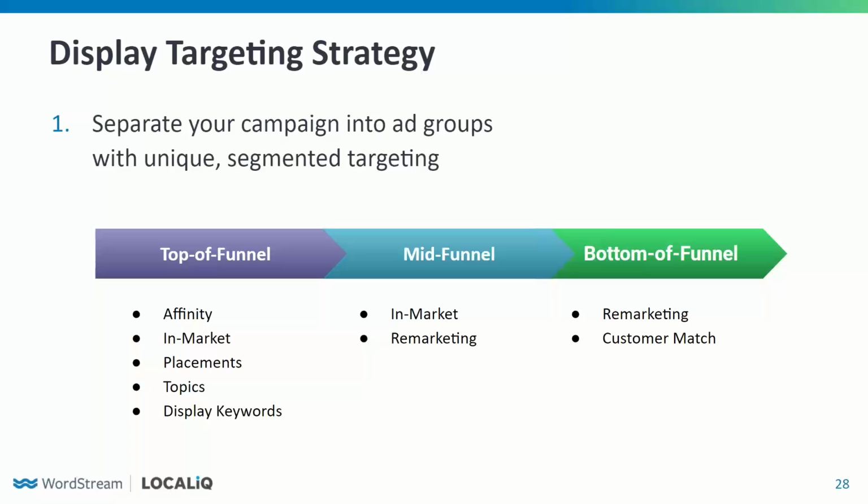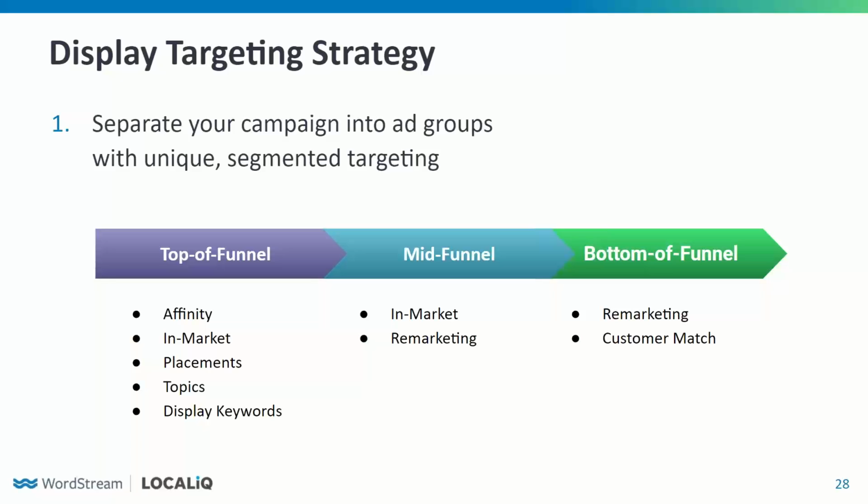Cool. Now that Susie has finished describing all of the content-based targeting, let's take a look at good strategy options for utilizing both audience and content targeting as part of your display network strategy. So first, separate your campaigns into different ad groups with unique segmented targeting.